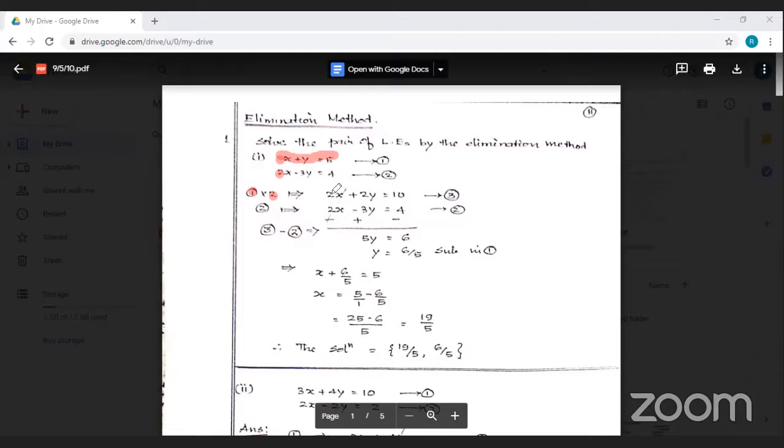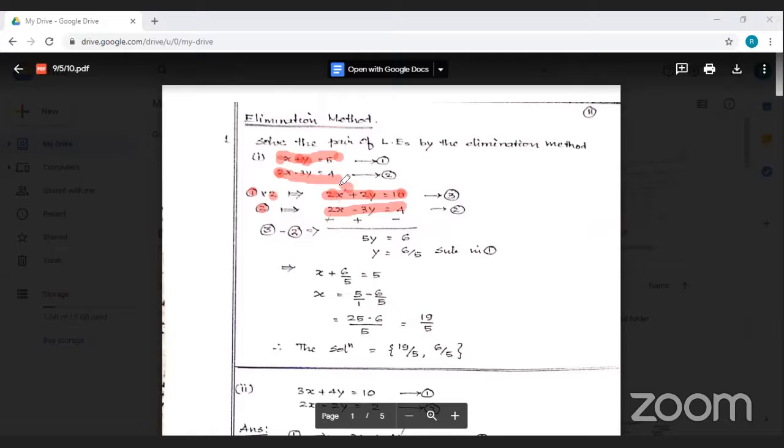This will become 2x plus 2y equals 10. So the first equation is multiplied by 2 to get 2x plus 2y equals 10. Here 2x is already available, so write the second equation as it is.